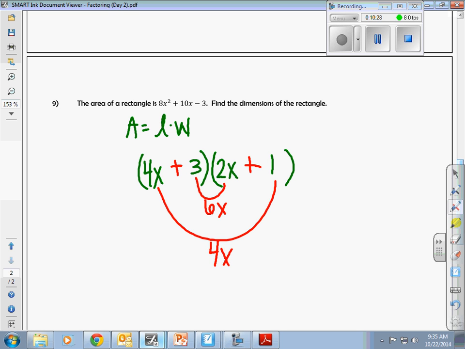So what I would do is I have to try a few more options, it looks like. So let's see here. What if I go ahead and switch it around?